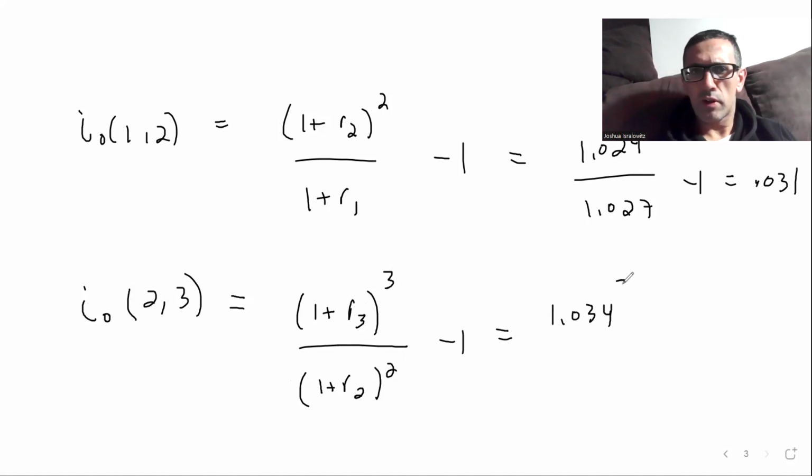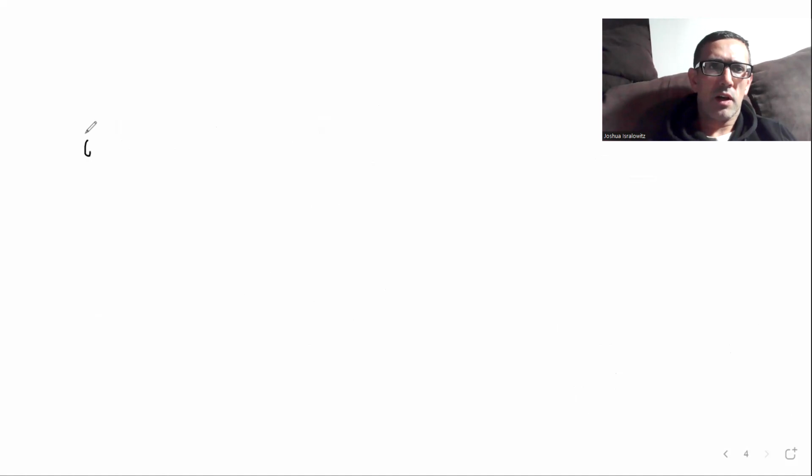1.034 cubed over 1.029 squared, minus 1, which is 0.04407. Last but not least, let's get the 4-year spot rate. Again, year 4 is 3 to 4.